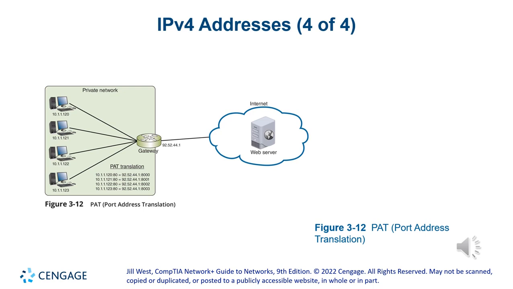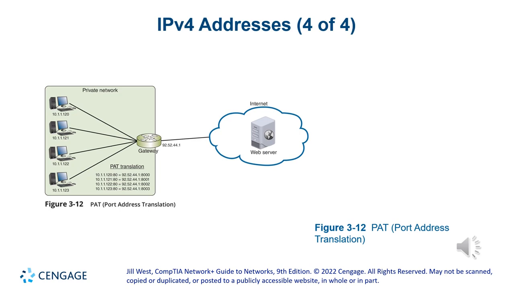So let me send it back to that one machine, which was actually 10.1.1.120. He requested that through port 80, and it comes back to that specific machine. And then when the reply comes from CNN, it goes back to the router, and the router goes, okay, so this one belongs to 10.1.1.121. So it keeps track of that. It's not exactly a database, but it's a table that keeps track of the path.